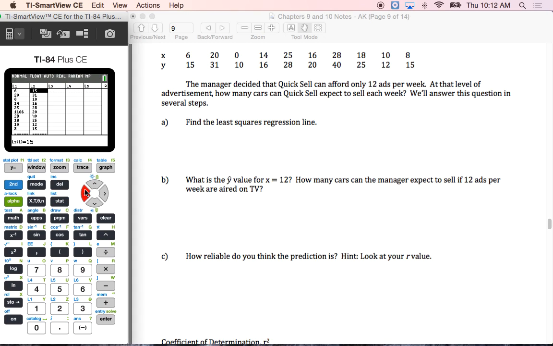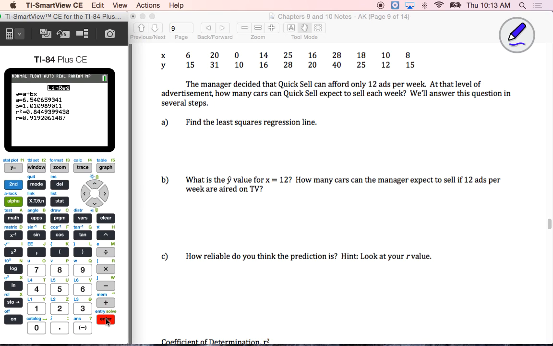Let me double check. I did it again, L1. Okay. There we go. That looks better.